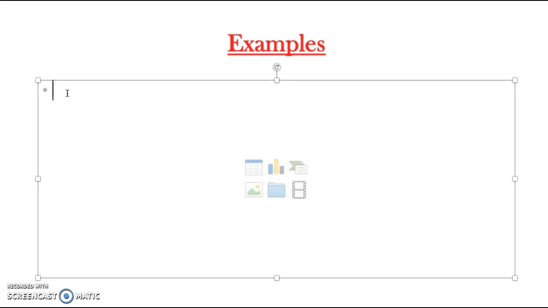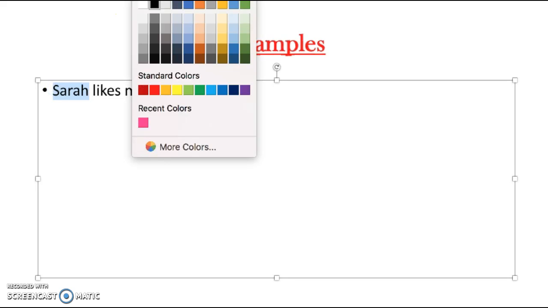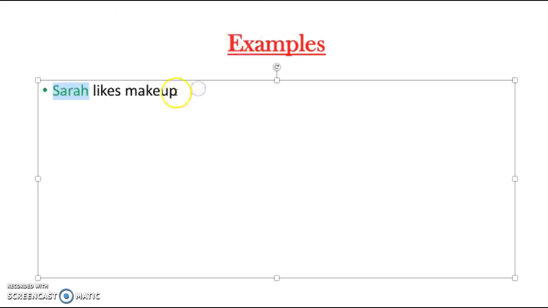We're going to start with Sarah likes makeup. So in this sentence, Sarah is going to be the proper noun because remember, she is a specific girl. You're naming Sarah. You're not just saying the girl does makeup or the girl likes makeup.